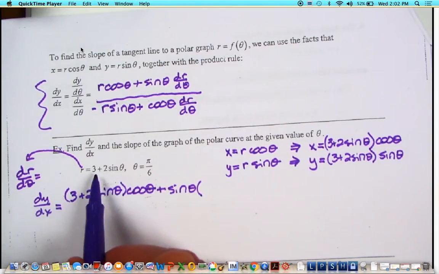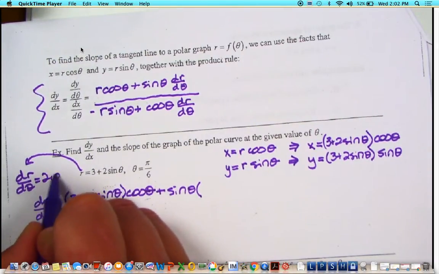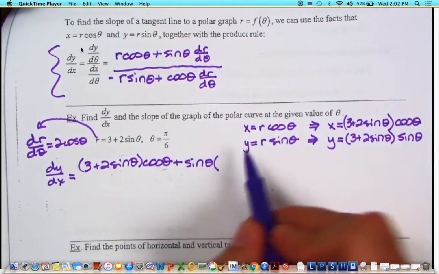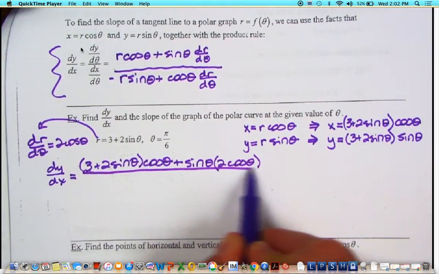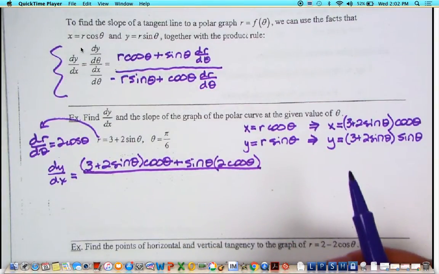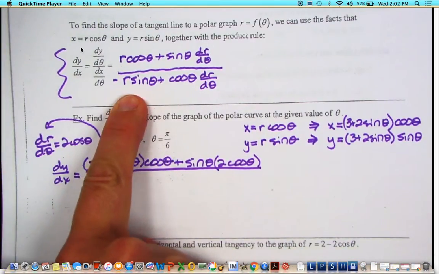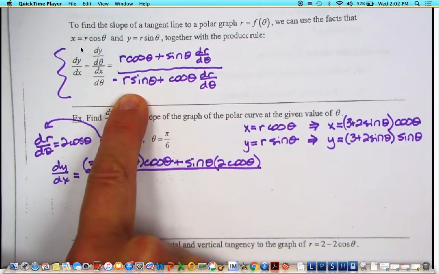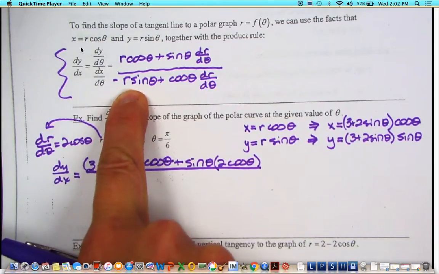The derivative of 3 is 0. The derivative of 2 sine theta is 2 cosine theta. All over, r sine theta, and it's supposed to be negative.